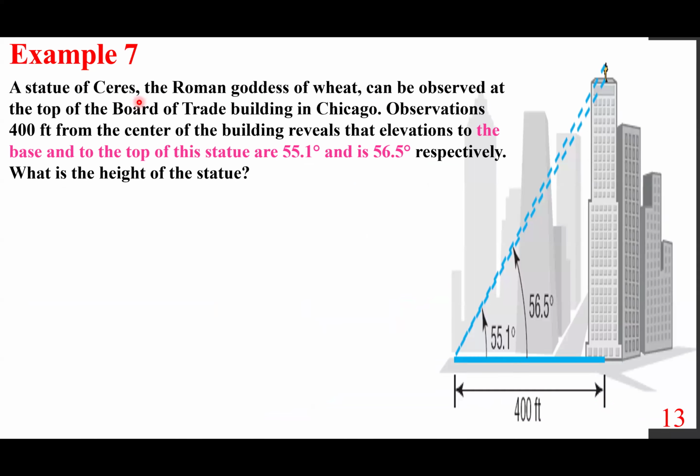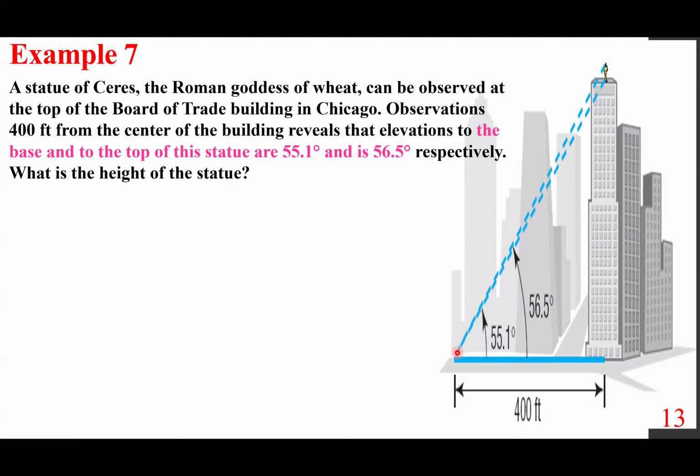A statue of Ceres, the Roman goddess of wheat, can be observed at the top of the Board of Trade building in Chicago. So this is the building, and this is the statue. Observation 400 feet from the center of the building reveals that the elevations to the base and to the top of this statue are 55.1 degrees and 56.5 degrees.